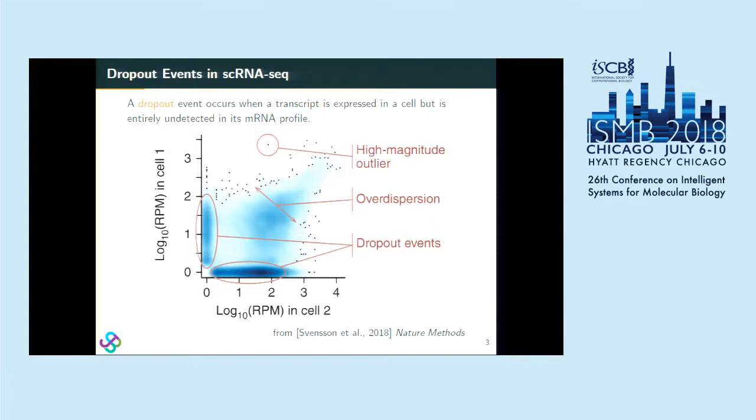These are so-called dropout events. More formally speaking, a dropout event occurs when a transcript is expressed in a cell but is not detected in its mRNA profile. These events happen because the amount of mRNA molecules in individual cells is so limited that some of them are not detected in sequencing.